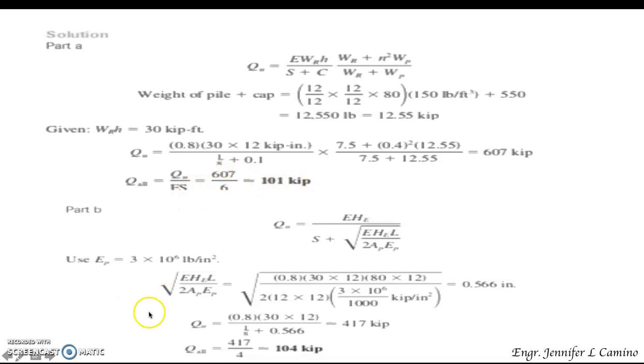So using the Danish formula, Q sub U, the ultimate pile capacity, is equal to this equation. So our A sub P, I'll try to use 3 times 10 to the 6 pounds per square inch. And you simply have to substitute the given values for these parameters. Then our Q sub U, simplifying this one, is 417 kips. And our allowable pile capacity now is 104 kips.